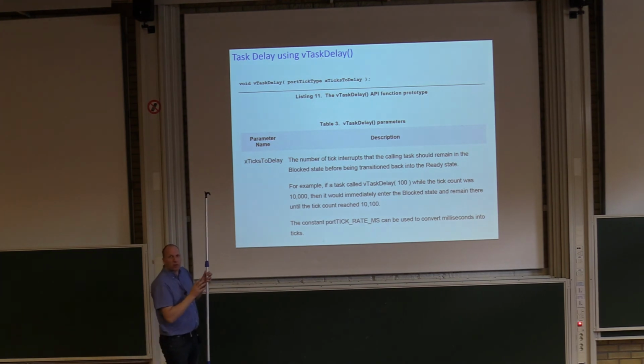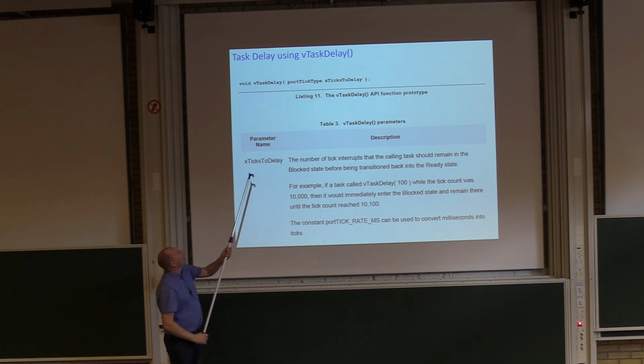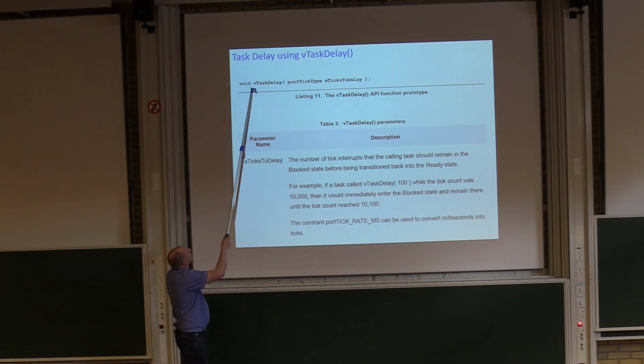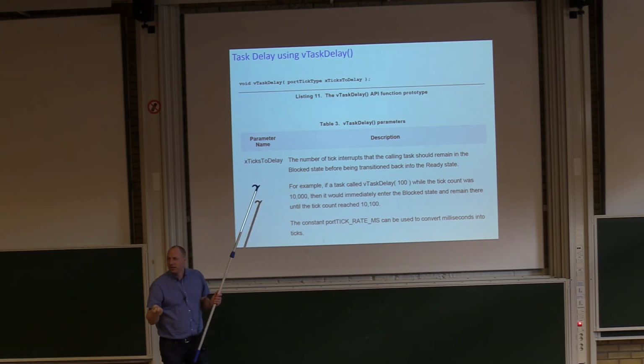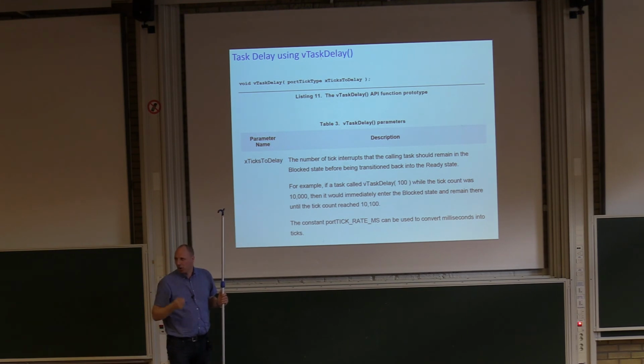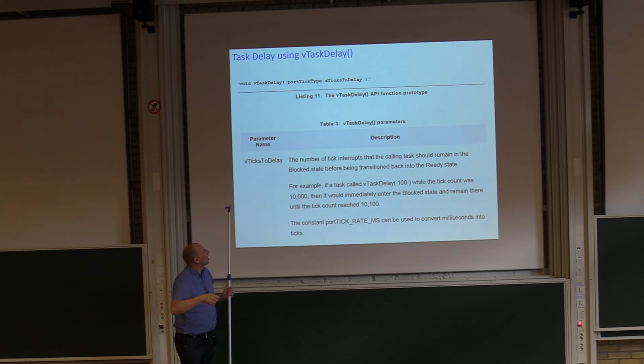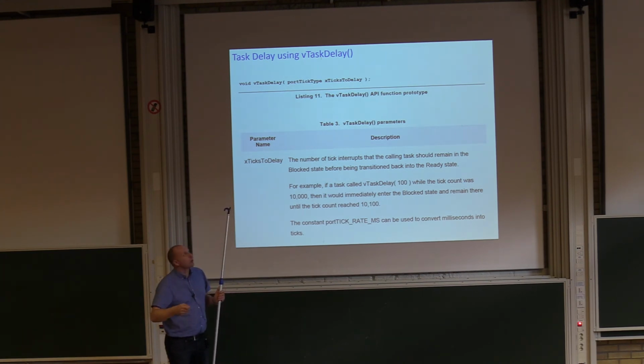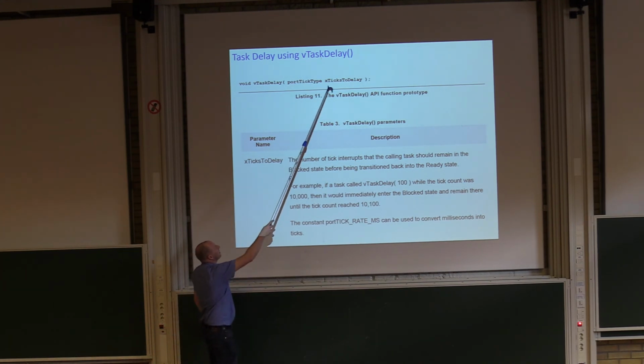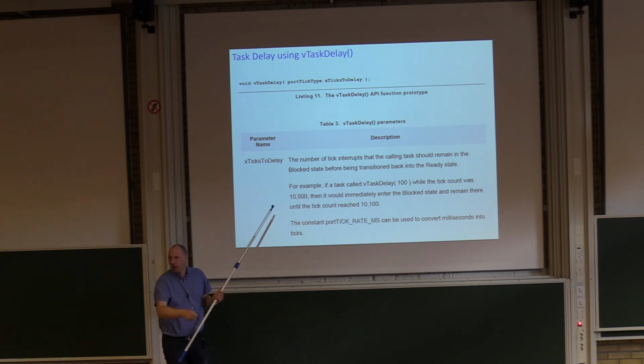Once you have called this function, the real-time operating system will change the state from running to blocked. And then it will change the state again when this number of ticks has elapsed, and put you back into the ready queue again.